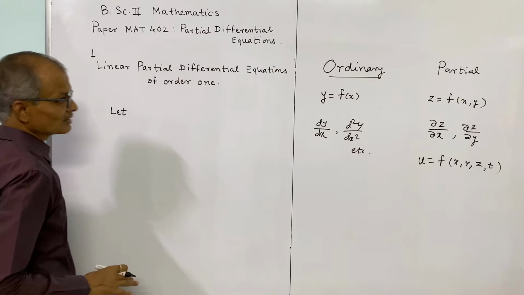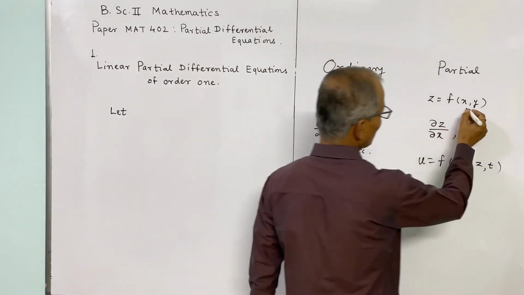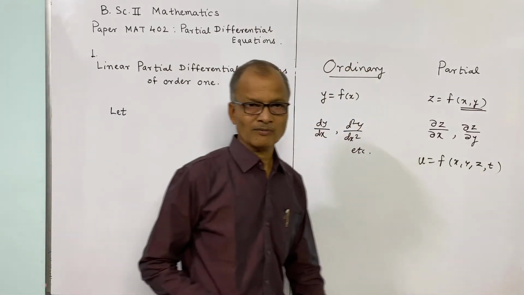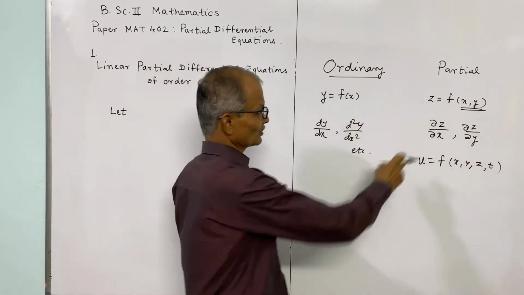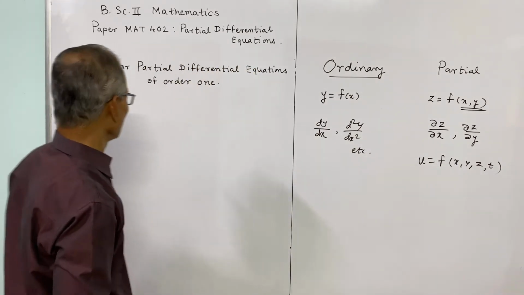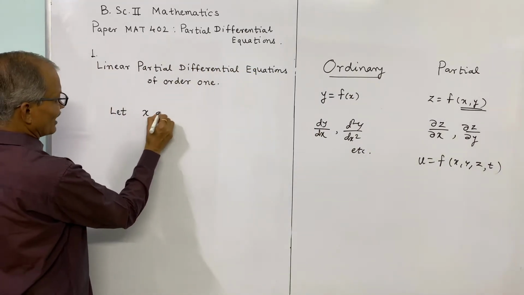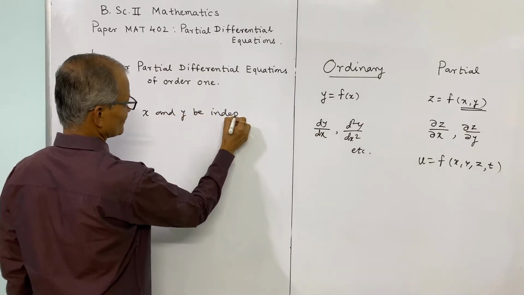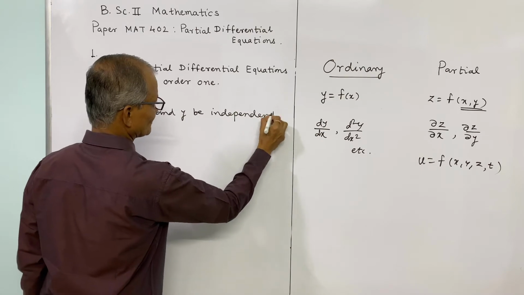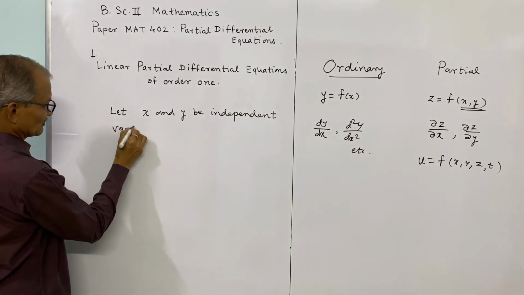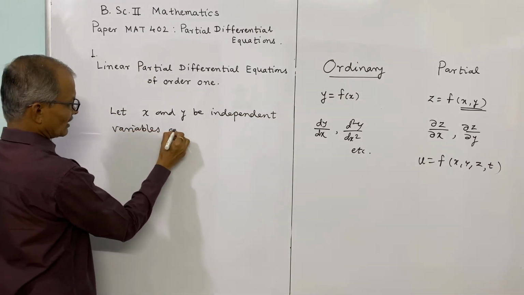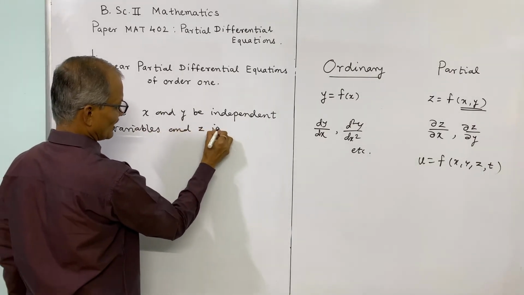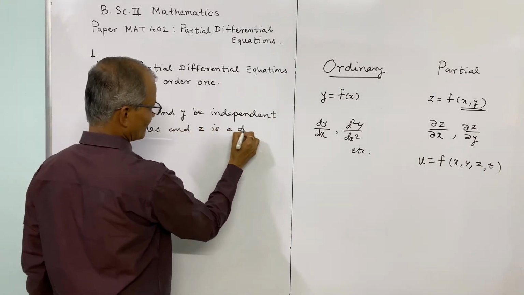But we will consider first only two independent variables x and y, and we will assume z is the dependent variable. Let x and y be independent variables, and z is a dependent variable.